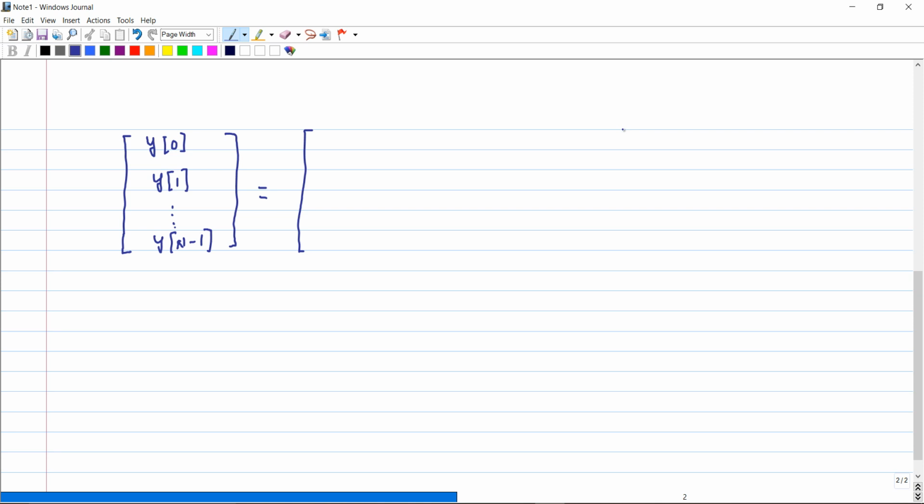Okay, so we will try to fill this matrix, and this whole thing will get multiplied with our original signal. Let us say x1 of 0, x1 of 1, and so on. Last fellow would be x1 of n minus 1.